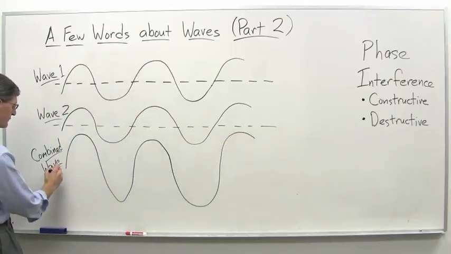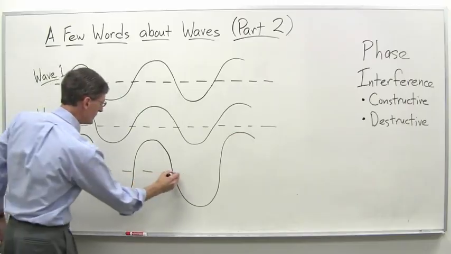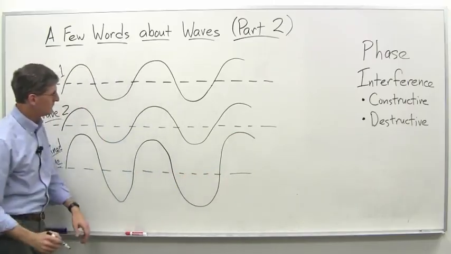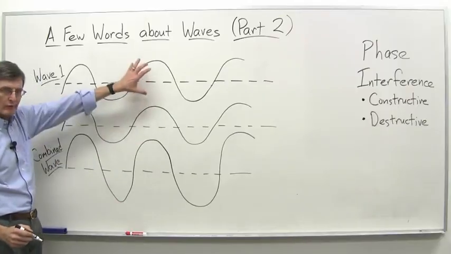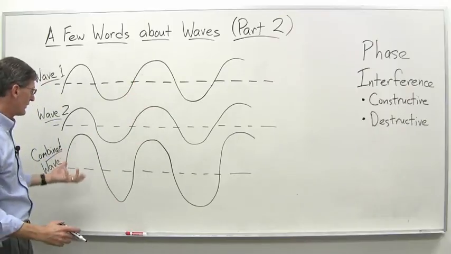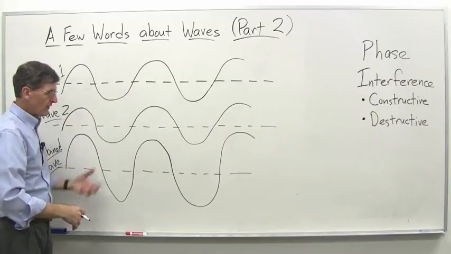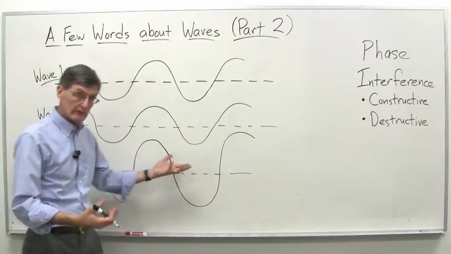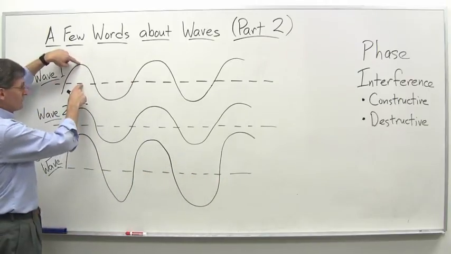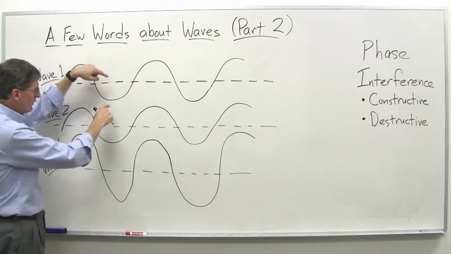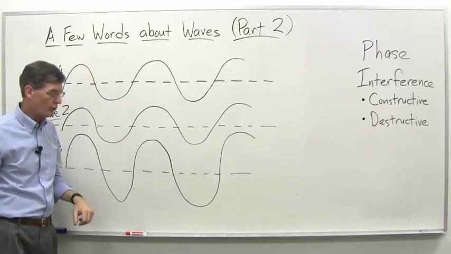And if we draw the center point line there, maybe not quite exactly double in terms of my diagram here, but that's the concept, that the two peaks add, the troughs add, and so the amplitude increases. Remember, the amplitude is the distance from the highest peak to the center point, or also the lowest point.